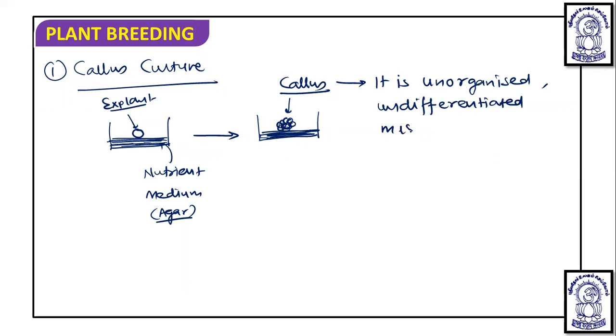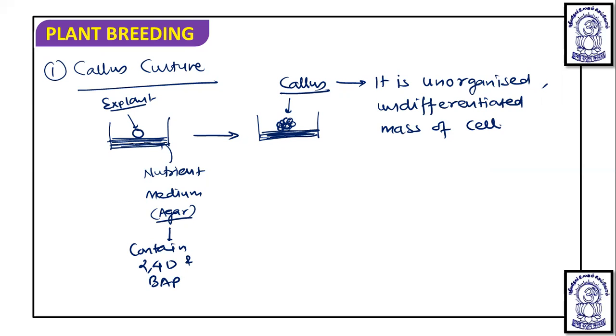It is an unorganized, undifferentiated mass of cells that is formed from the explant by division of it, and it is maintained on a medium gelled with agar, so it is a solid medium. This medium also contains 2,4-D and benzylaminopurine as an auxin and a cytokinin.